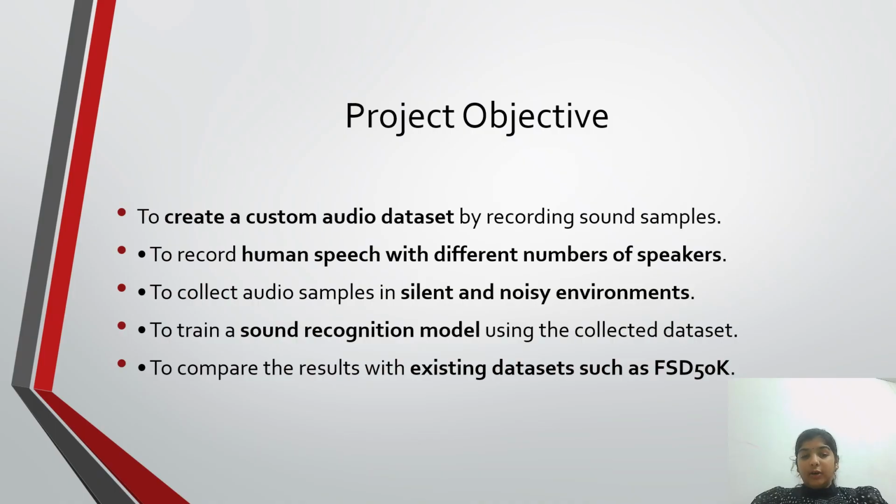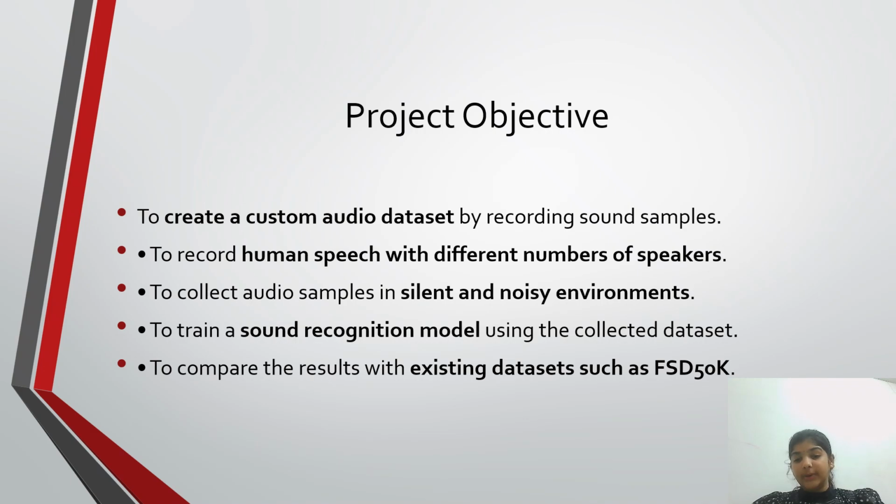The main objectives of our project are structured into several stages. The first stage is we aim to create a custom dataset by recording audio samples by ourselves. These recordings will include human speech from different numbers of speakers, from single to multiple speakers.